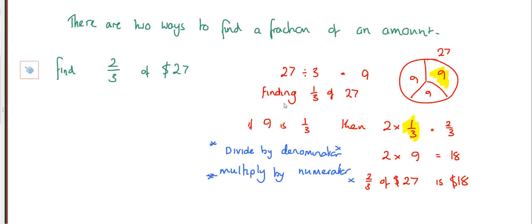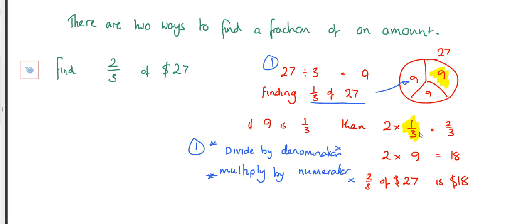So just to recap, by doing 27 divided by 3, that's the number one step there. 27 divided by 3, because the denominator is 3. That tells me what 1/3 is. So 1/3 of 27 is equal to 9. I then want 2/3.